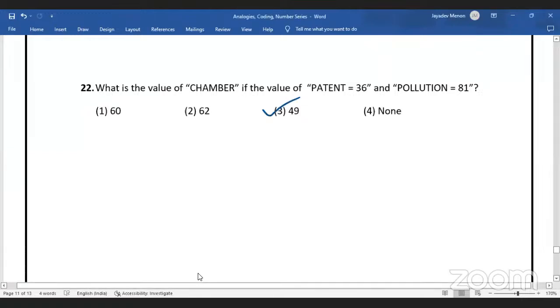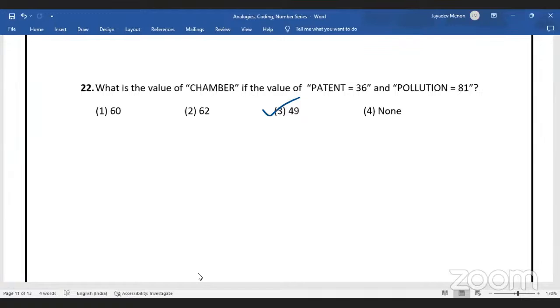What is the value of chamber if the value of patent equals 36 and pollution equals 81? So what is the relation between the word and its value? If you are looking at the word patent, its value is given as 36. Actually, in patent, we have 6 letters.